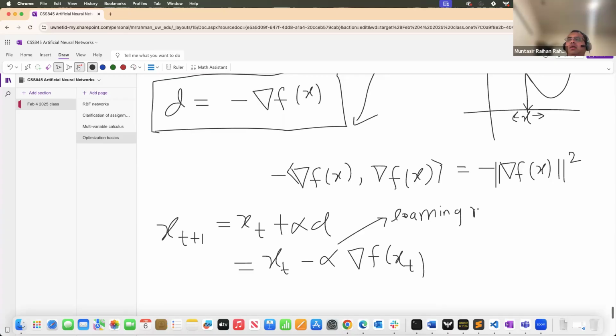Okay, so that's kind of the origin of the gradient descent algorithm.